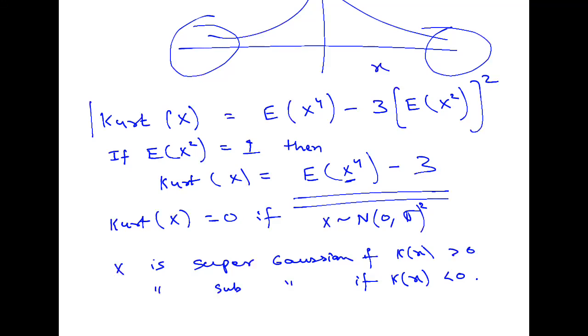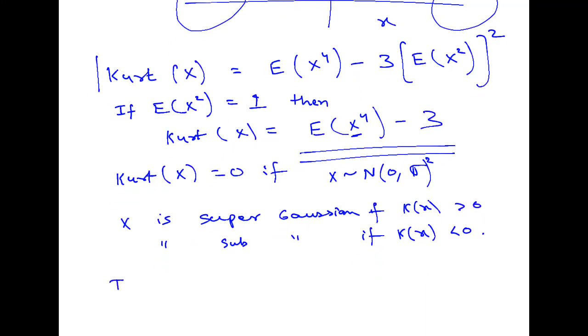And you can also show, I keep that as homework exercises. Homework 1: prove that if x is distributed according to Gaussian, then kurtosis is 0.